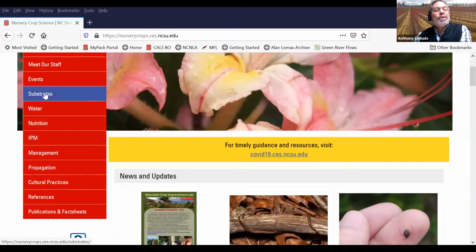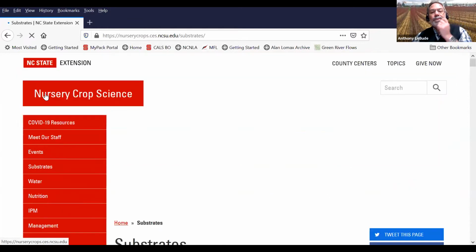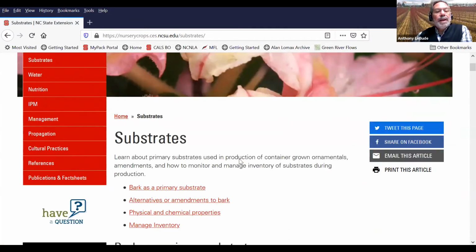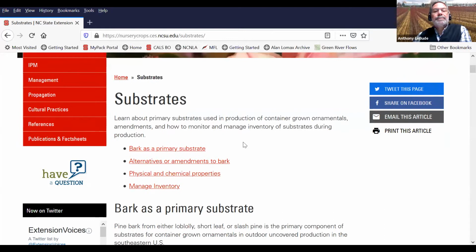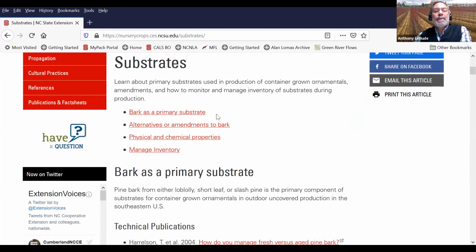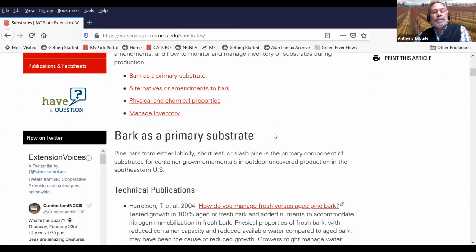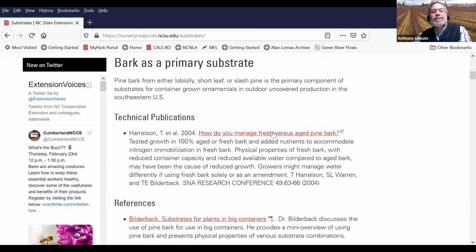I'm just going to click on the substrates tab for today, just so you can see what's going on. And in it, it has bark as a primary substrate, just talking about pine bark and various studies that have been available, alternatives or amendments to bark, physical chemical properties, and managing your inventory. And each one of those has various articles.